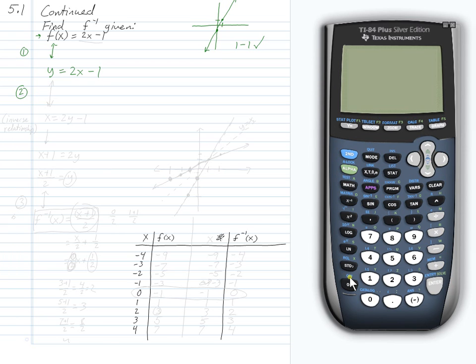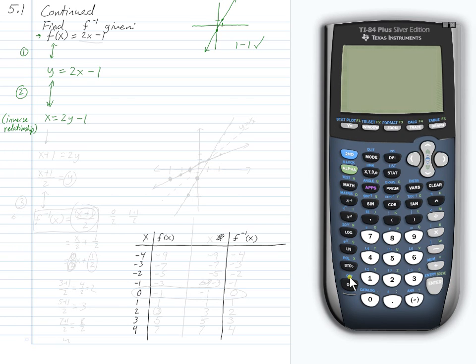We replace our x's with our y's and our y's with our x's. So now we're talking about the inverse relationship. Alright, we've inverted, we're now in inverse land.